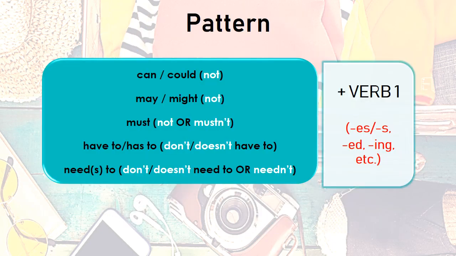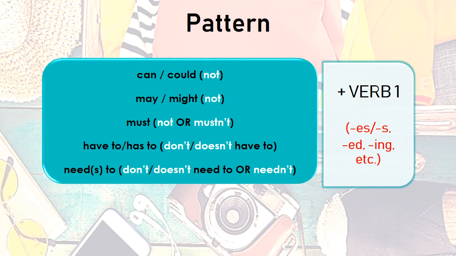Look at the pattern. This is for positive and negative. Can, could, cannot, couldn't. May, might, may not, might not. Must, must not, or mustn't. Have to, or has to.